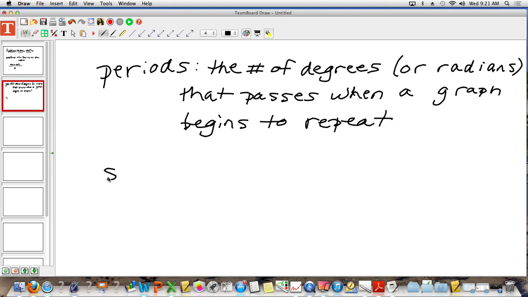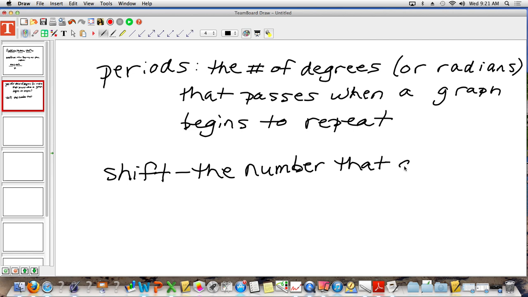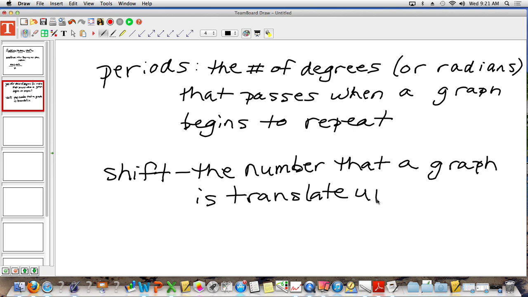And then a shift is just the number of units that a graph is translated up or down.